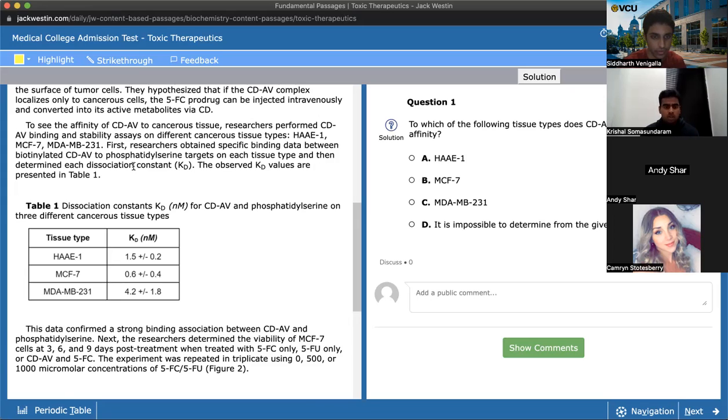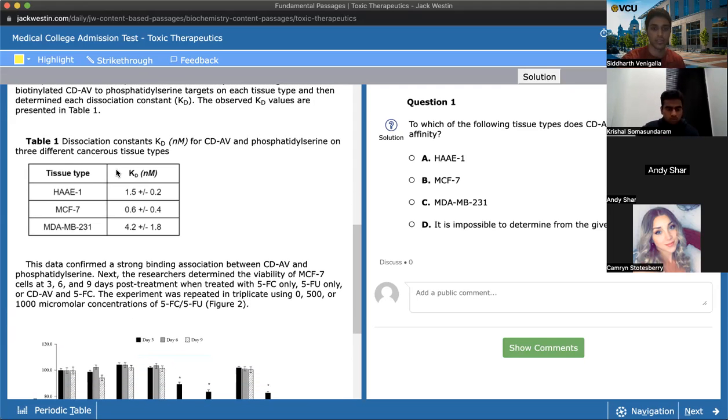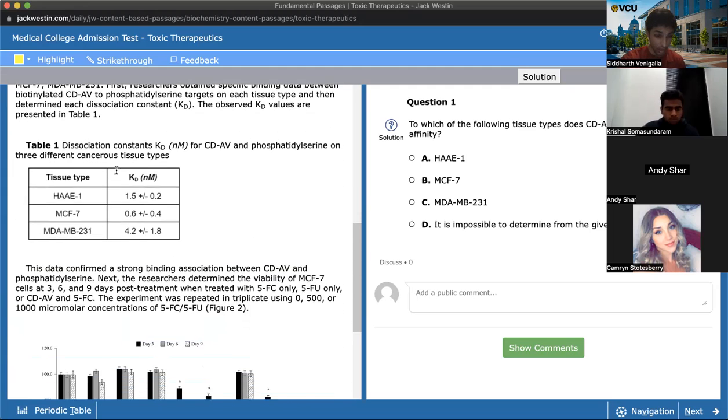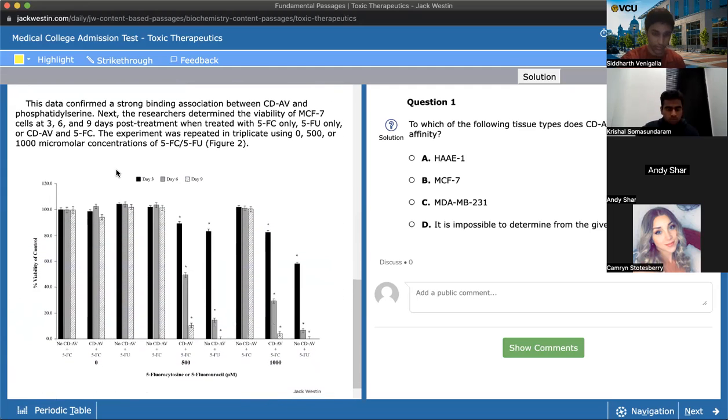First, researchers obtained specific binding data between biotinylated CDAV to phosphatidylserine targets on each tissue type, and then determine each dissociation constant, KD. The observed KD values are presented in Table 1. Awesome. And then if someone could read the last paragraph.